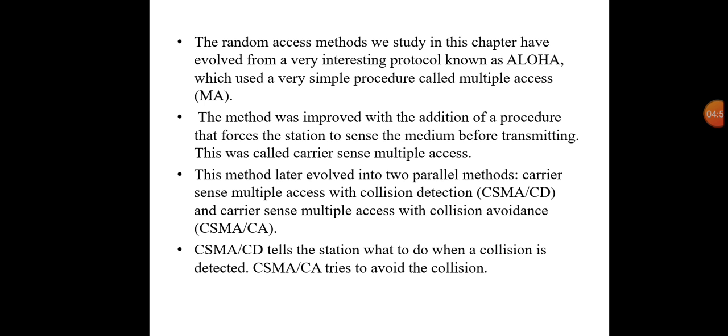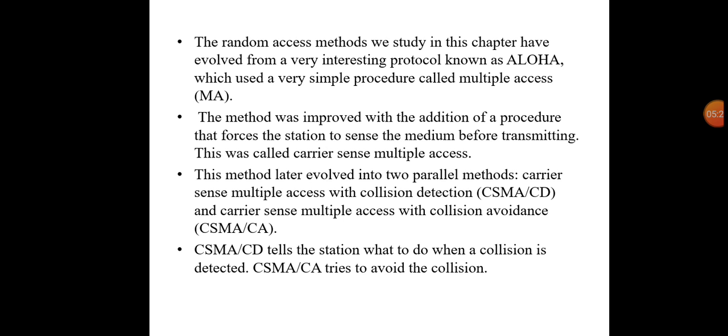The random access methods we study in this chapter evolved from a very interesting protocol known as Aloha, which used a very simple procedure called multiple access, that is, MA. The method was improved with the addition of a procedure that forces the station to sense the medium before transmitting.